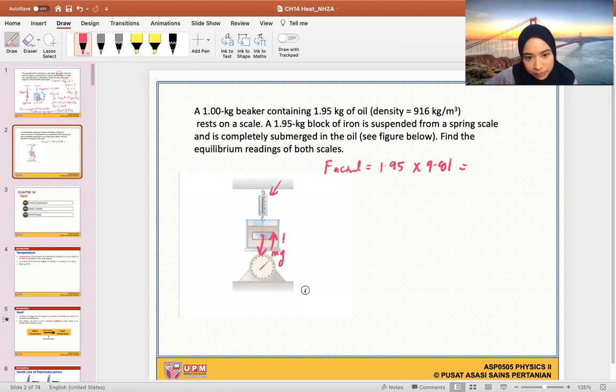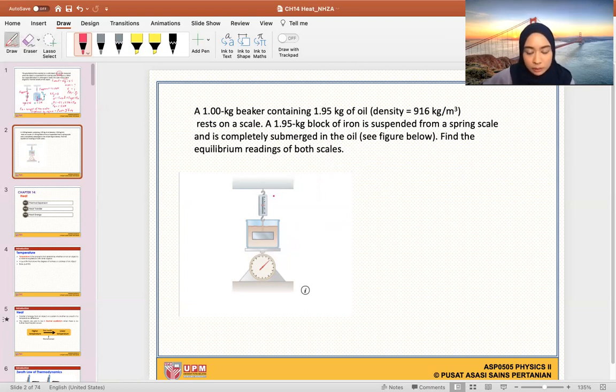There's also FB acting on it. What else? The top scale detects downward force. What is acting on the object right now? Are you confused when I talk about this? Okay, let me start again.